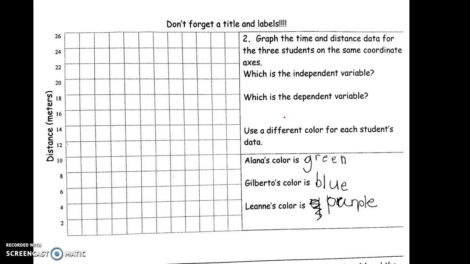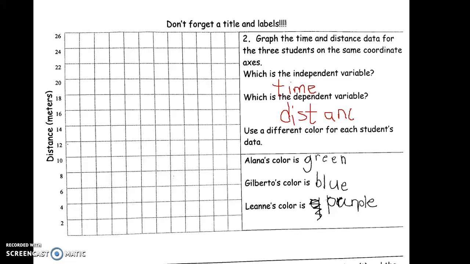Well, since the distance they walk depends on how long they're walking for, the time is the independent variable. The time in seconds is independent. And the dependent variable is the distance, because the distance depends on the time. Right? How far you get depends on how long you're walking for.